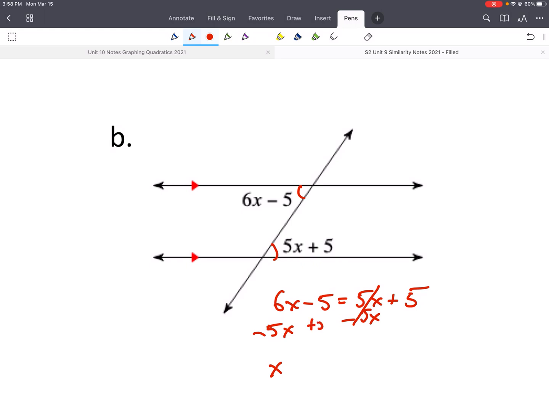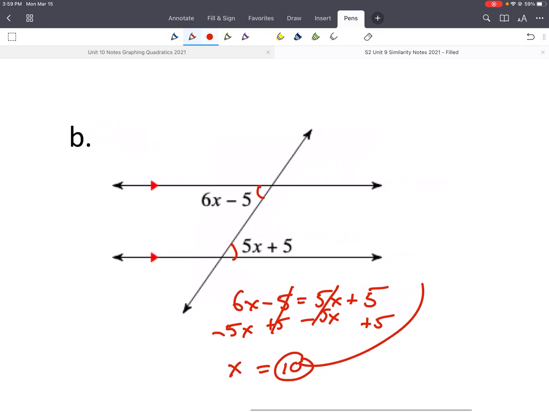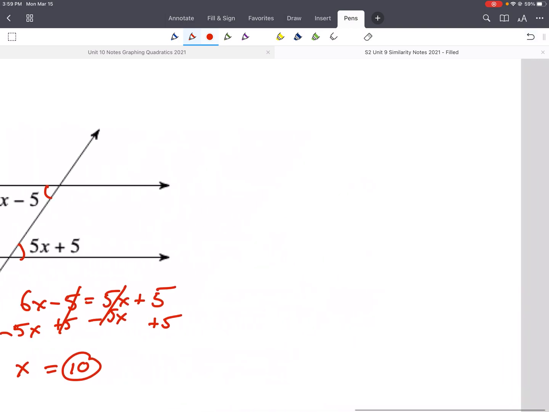And we can also add 5 to both sides, and we get x is equal to 10. We could plug that 10 in if we wanted to, and we'd end up getting 50 plus 5 is 55. And this would give us 60 minus 5, which is also 55. So you can always plug those in and make sure that they're right.